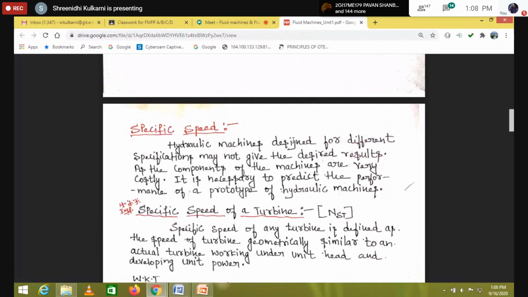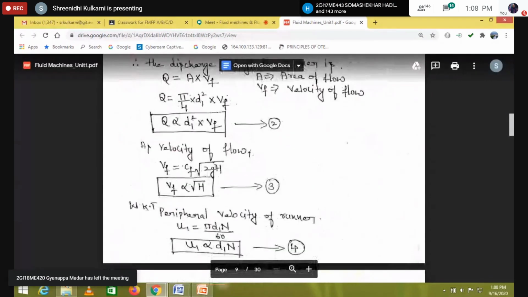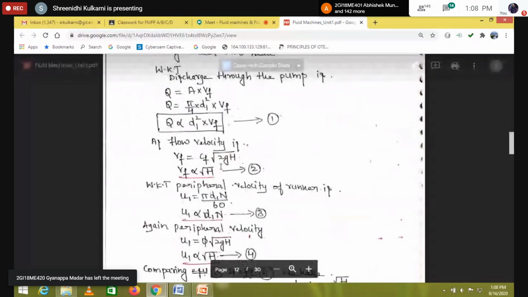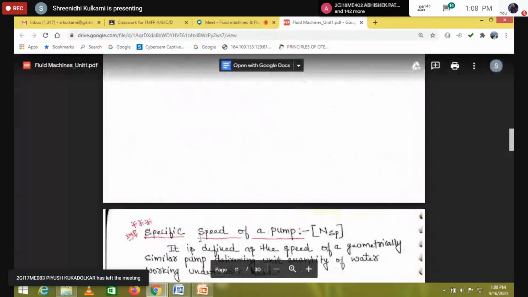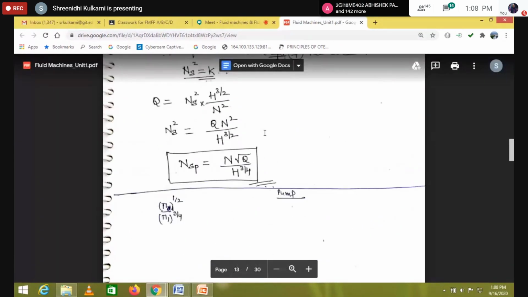In the two methods, whatever I solved here is one of the methods, on one and two pages. Even for the centrifugal pump, the specific speed of a pump is one page, and again two pages. This is one method.